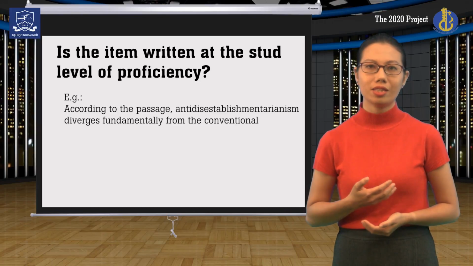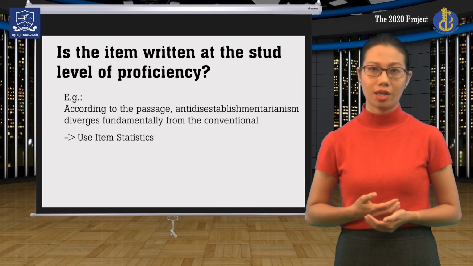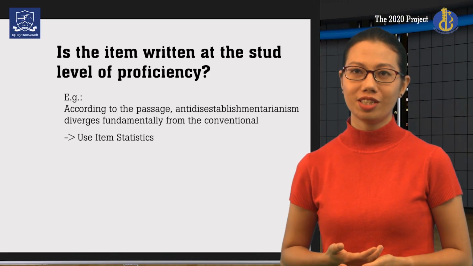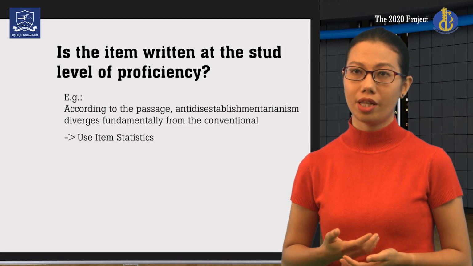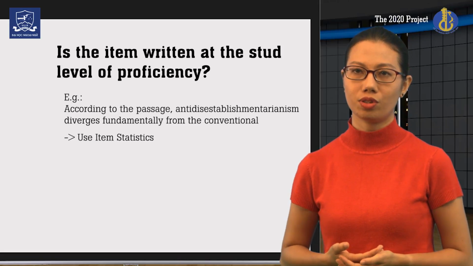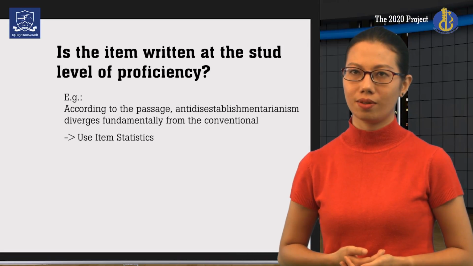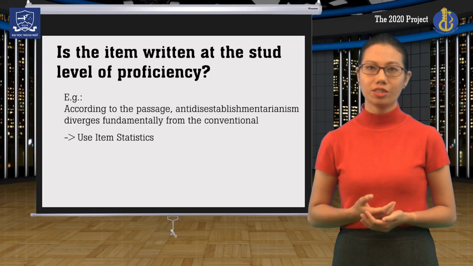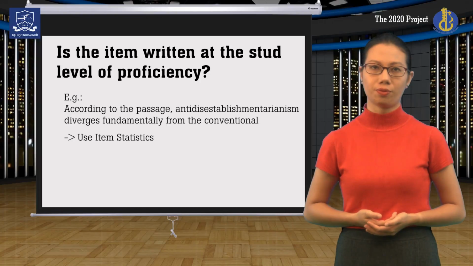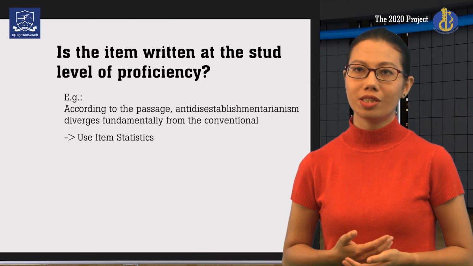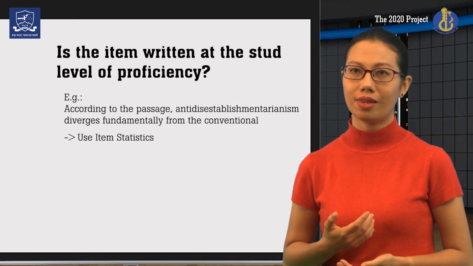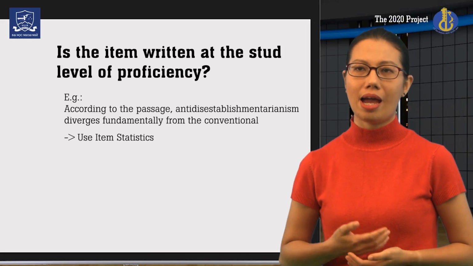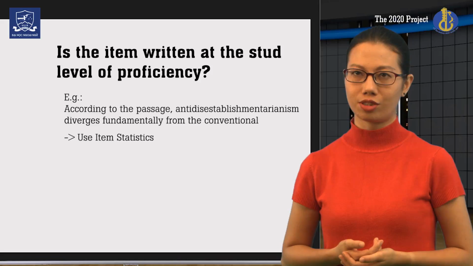Second, is the item written at the student's level of proficiency? Each item should be written at approximately the level of proficiency of the students who will take the test. For instance, an item like the following, based on a reading passage not shown here, would obviously contain vocabulary that is far too difficult for most ESL students and many native speakers of English.